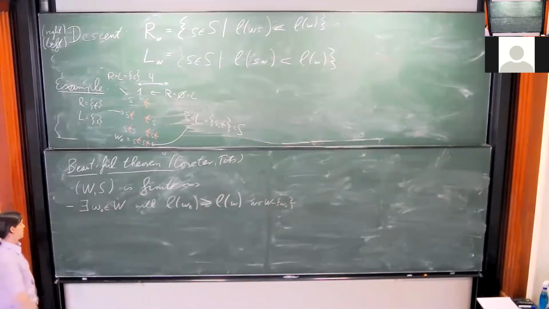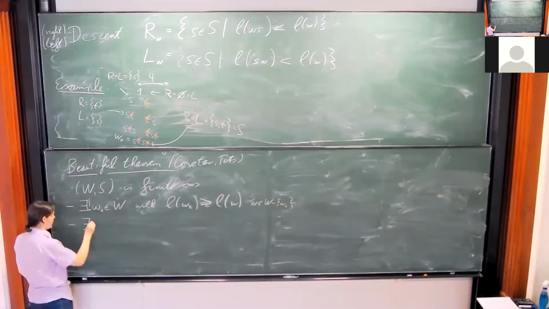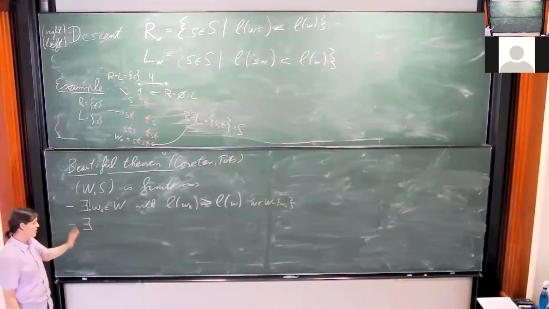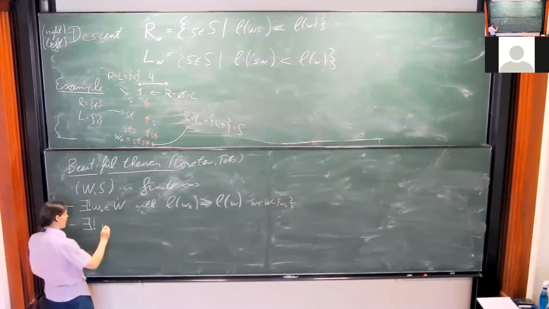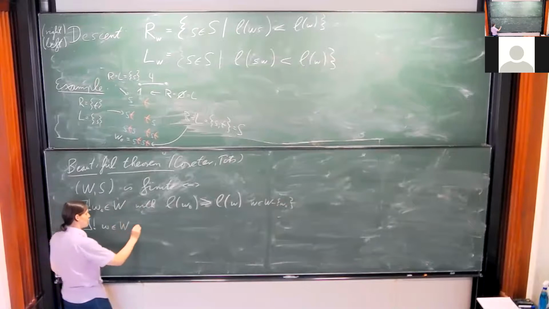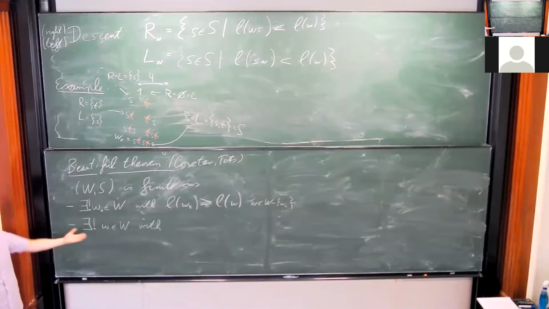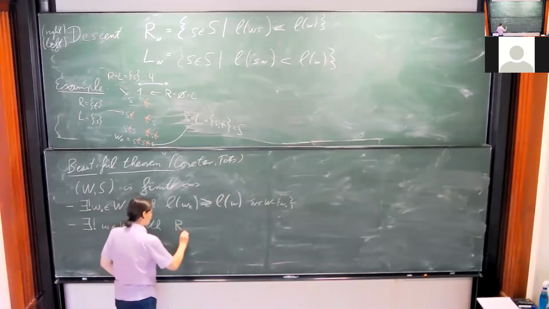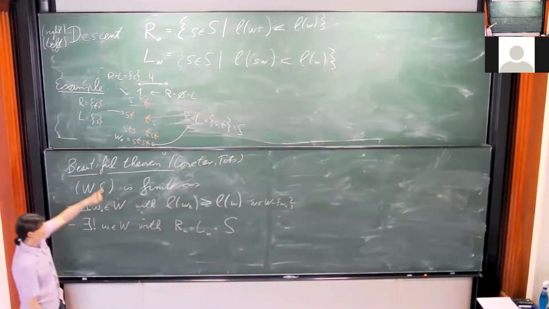There exists uniquely an element in my W, which gets shorter no matter what you multiply to it, with right descent of W equals left descent of W equals S, as in the example above.